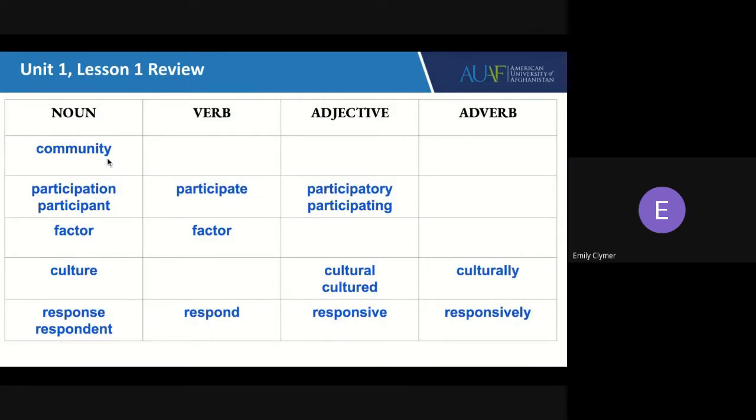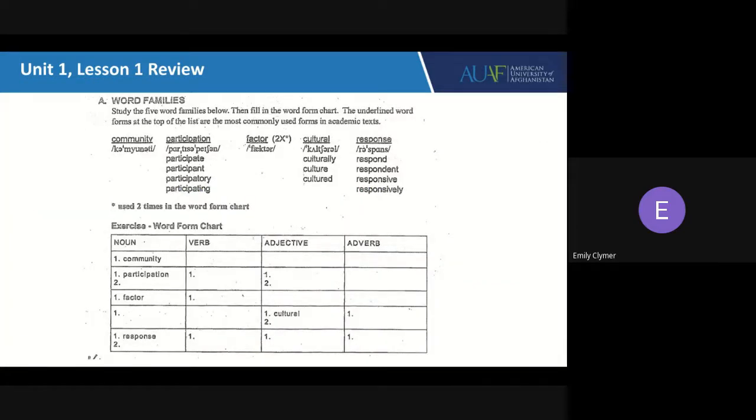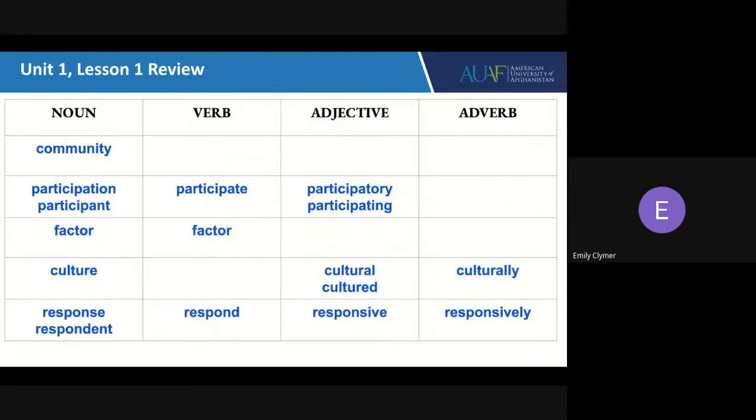Just to clarify, community does have different word forms, but because we're only going on what the book is sharing as word families, these are the only word families that you're responsible for knowing and for studying. Jumping back to the correct word chart, I did want to point out that participation as well as participant are nouns.